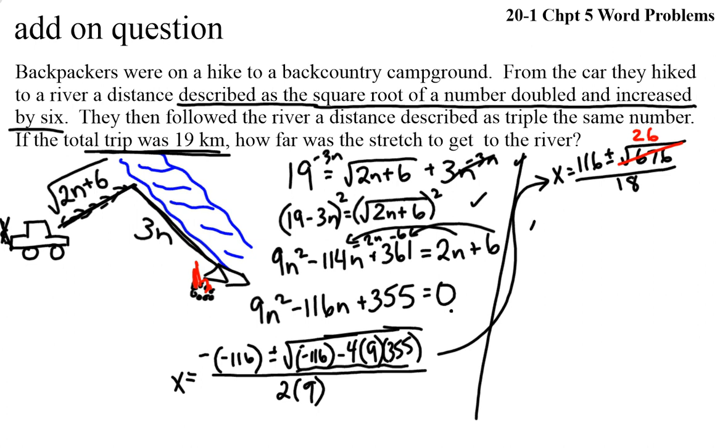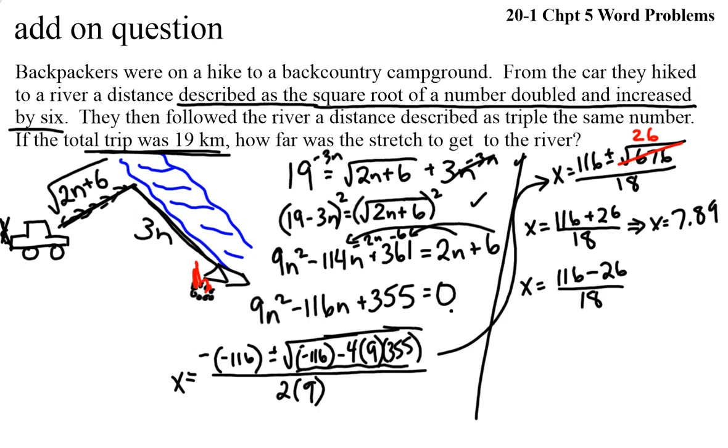So we can go, x is going to be 116 plus 26 divided by 18, or x is going to be 116 minus 26 divided by 18. The first time, our x works out to be 7.89. The second time, our x works out to be 5. So 2 possible solutions.